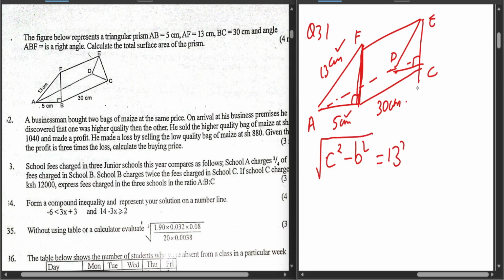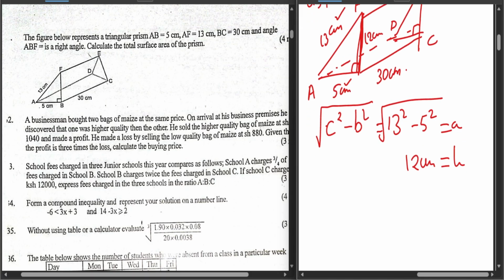So 13 squared minus 5 squared gives you a squared, then square root to give you a only. So the square root of 13 squared minus 5 squared is going to give you 12 centimeter, as your height or your a.